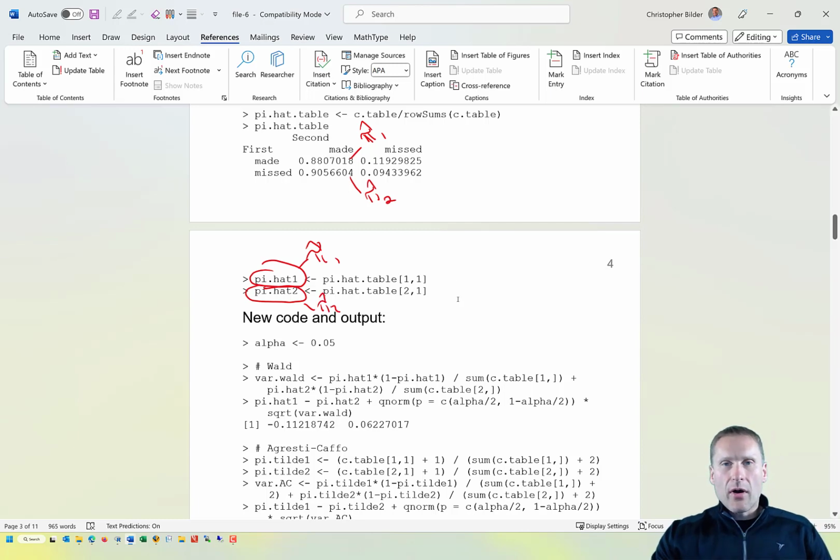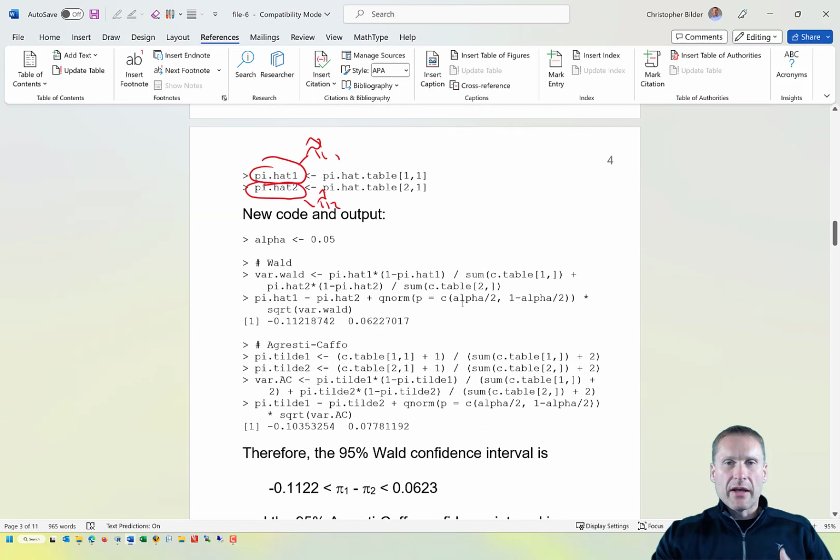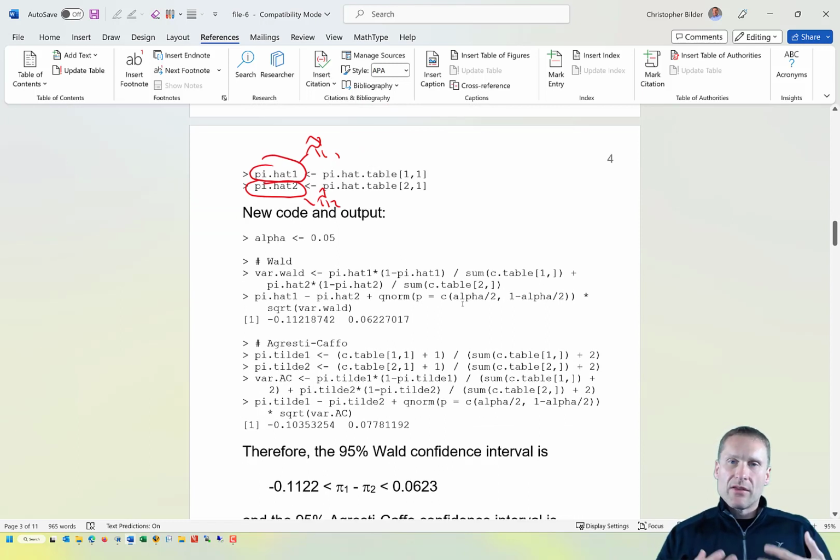Now, to do our calculation for our interval, we need to basically put the equation that we saw for the Wald interval into the correct form in terms of our syntax. This is very similar to what we saw for the confidence interval for pi. First, I create an object called alpha that contains my alpha level, 0.05.